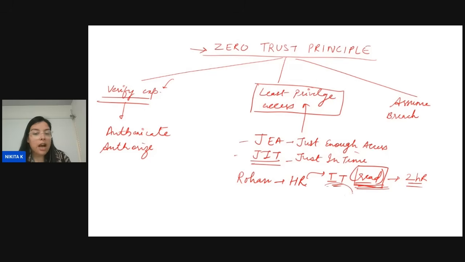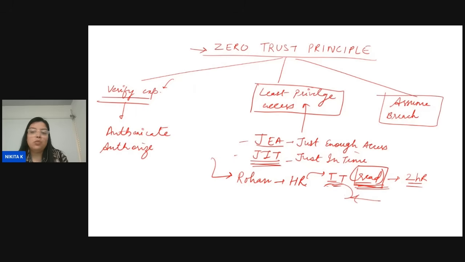Because if he starts doing some malicious or suspicious work, or if Rohan's identity is breached, then all the data and all the access will be given to that attacker. So to protect our identities from any kind of breach or lateral movement, we ensure that we are following JEA and JIT in the organization.